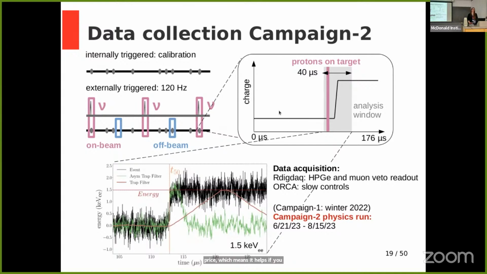We did the optimization, and it turns out that using all of this as a baseline before gives the best results. The data analysis that I'm showing you here was for the data we collected last year, and our physics run was in total almost 8 weeks long.